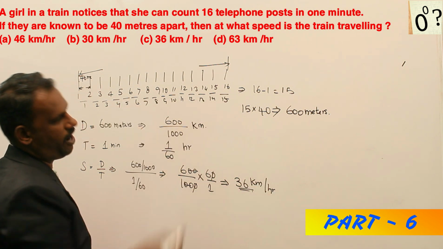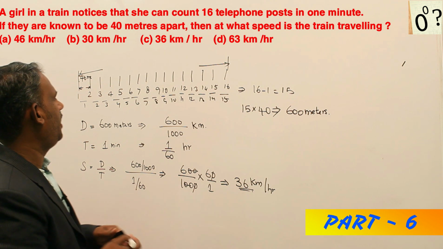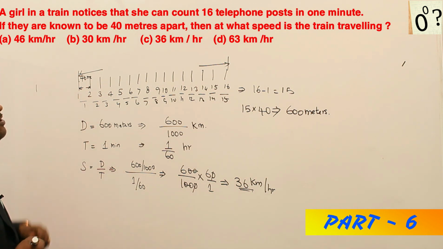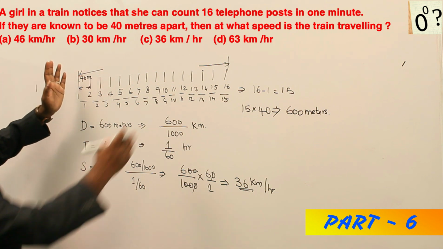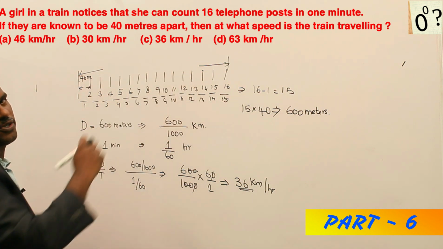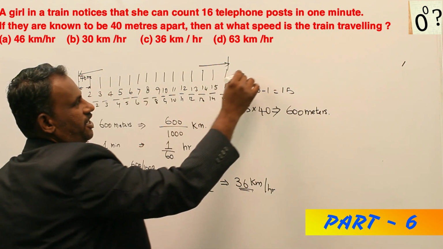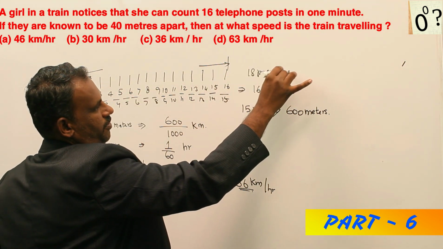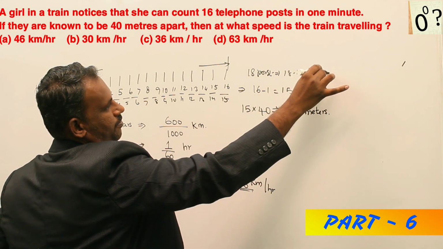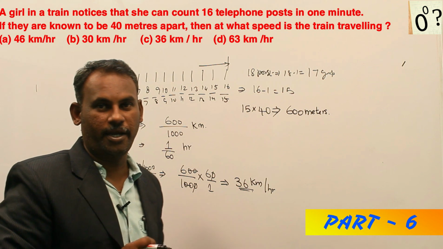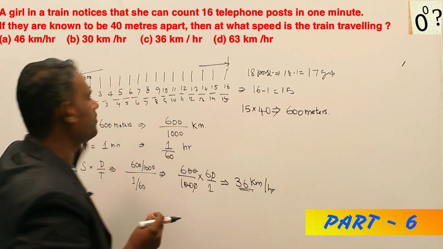This is the answer. This is very simple, but the concept is the number of posts and how to calculate the distance between post number 1 and post number 16. If they ask for 18 posts, it's 18 minus 1, which means 17 gaps. If they asked for 10 posts, it means 10 minus 1, so 9 gaps.